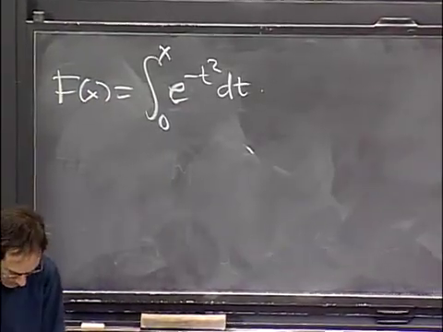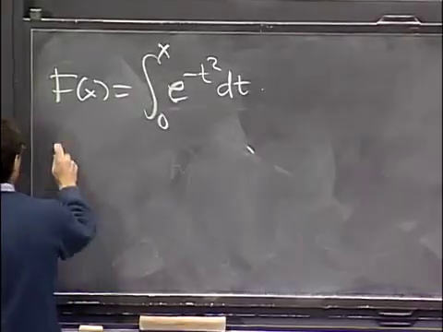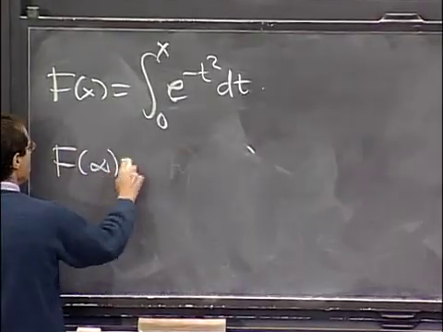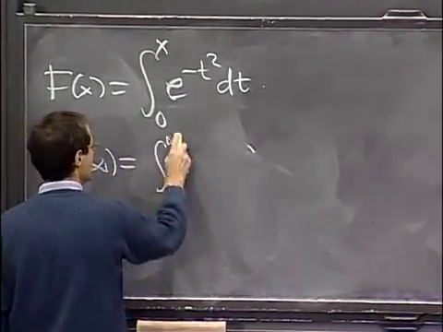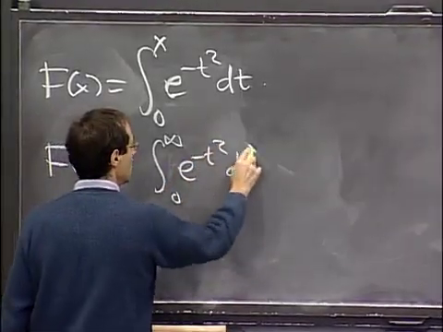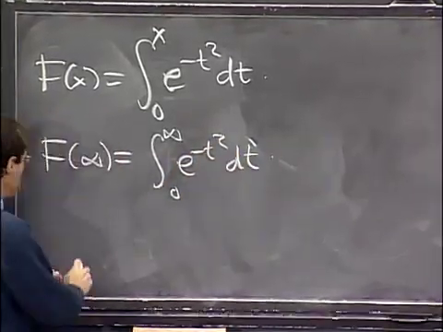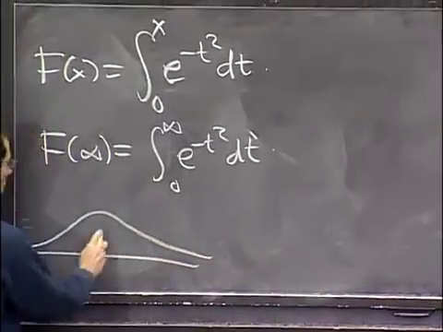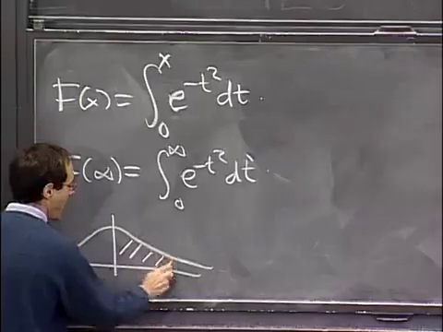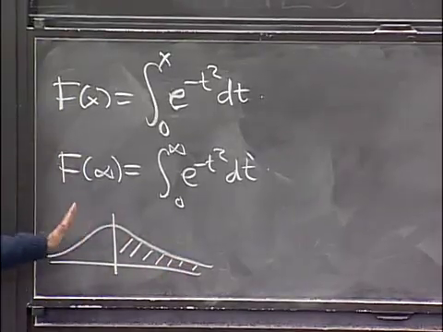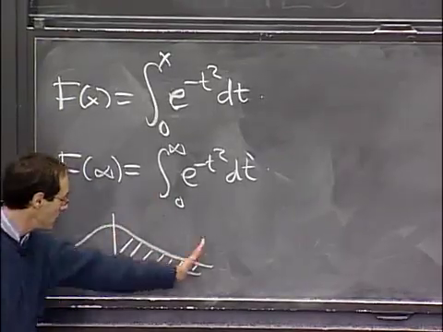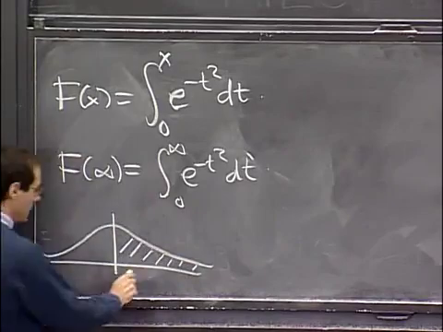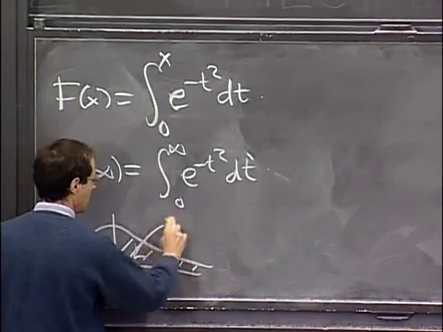All right. And then we were interested in the value at infinity. We were interested in this, which, if you draw a picture of it and you draw the same bell curve, that's the area under half of it. That's the area starting from 0 and going to infinity. That's the area under half. So this chunk is f of infinity.